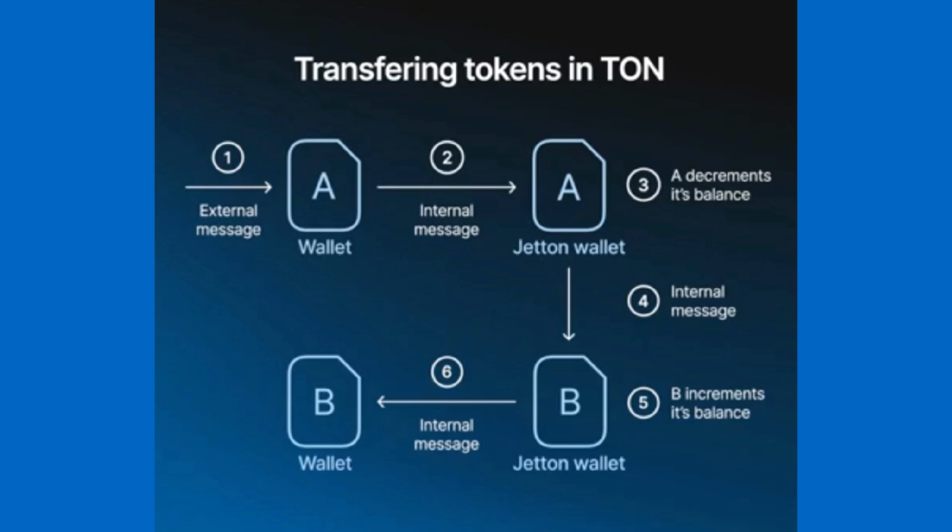Then this wallet unwraps the external message and sends an internal message to this user's Jetton wallet, saying, please send the money to a certain address. Their Jetton wallet decrements their balance by the necessary amount and sends a message to its sibling contract that has exactly the same code but a different owner. This message says, please increment your balance by the same amount.